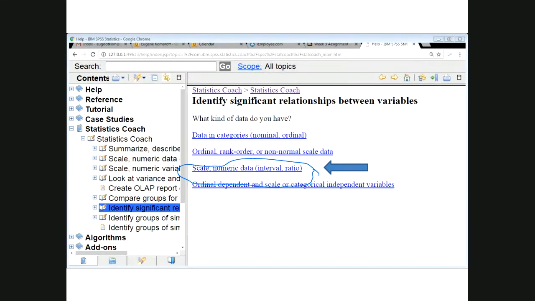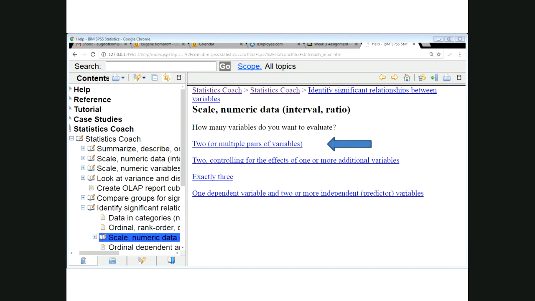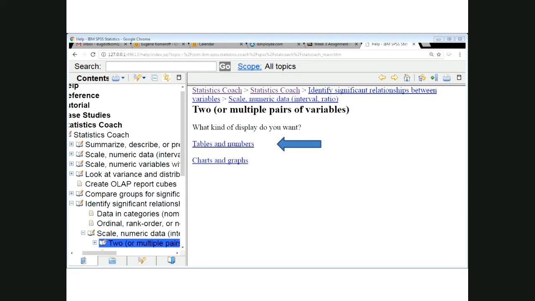But of course we can do correlations with some different types of variables as well, but the classic basic correlation design is looking at two scale or numeric variables. So again, we typically have two variables that we're correlating, and we want to display that by tables and numbers.